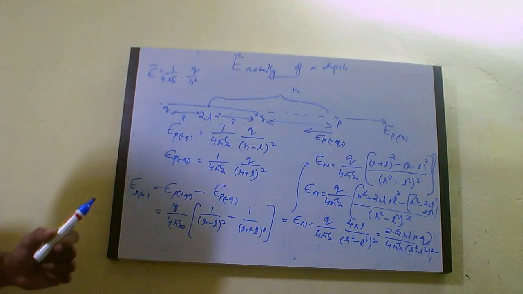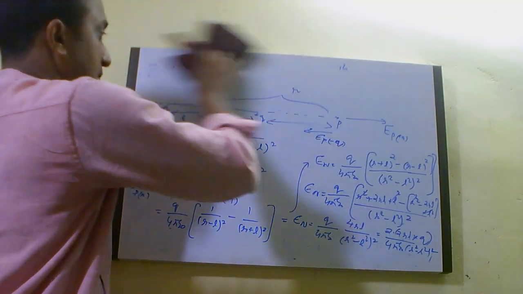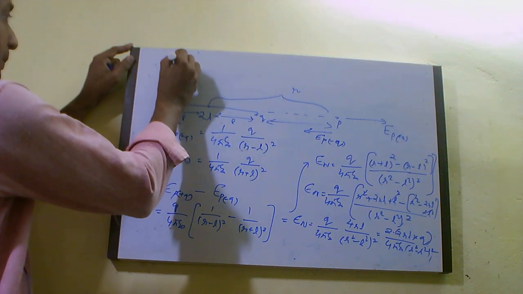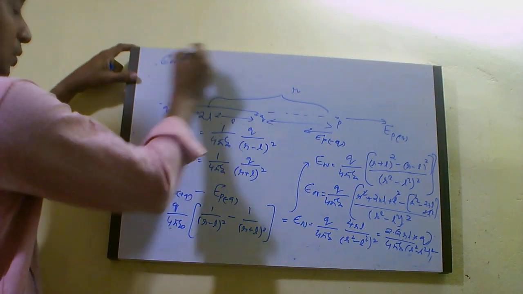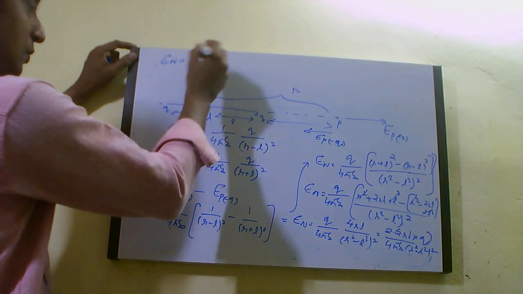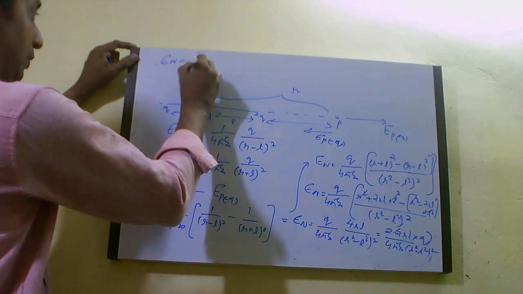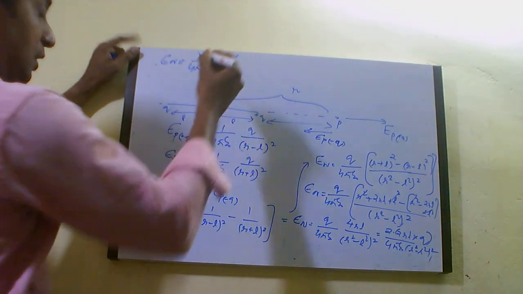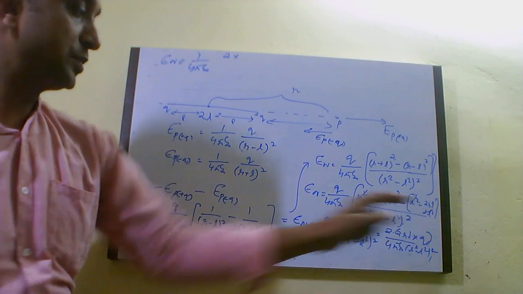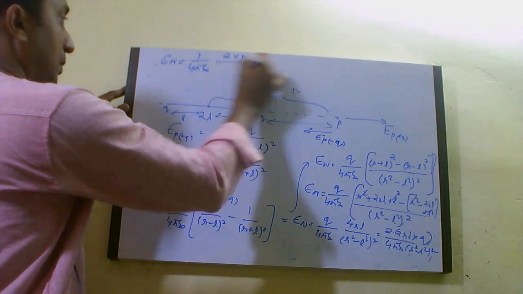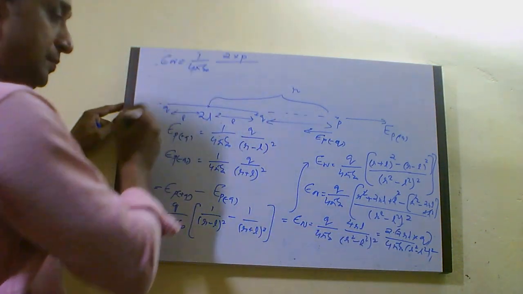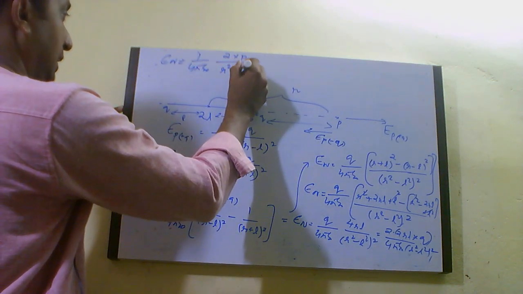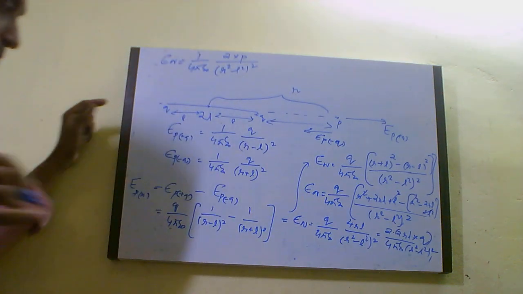So let me write it here. E net will be equal to 1 by 4 pi epsilon 0, 2 times 2LQ, which becomes P, the dipole moment, divided by (R squared minus L squared) the whole square.